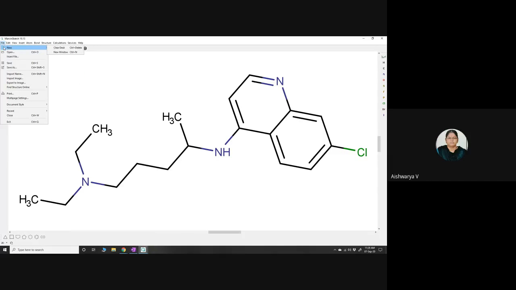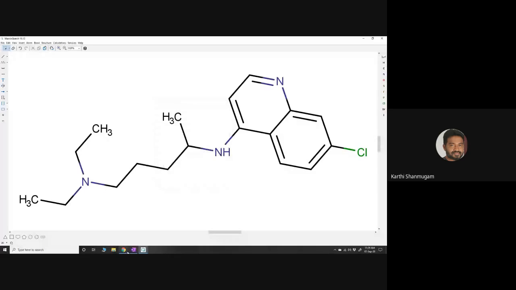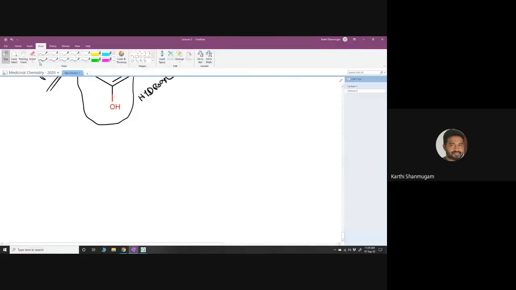Okay, so we just take this as an example. Hydroxychloroquine and chloroquine have very similar structure. We'll take chloroquine. What you have to do is tell me the various functional groups present in chloroquine, which is used as an antiviral drug against corona.